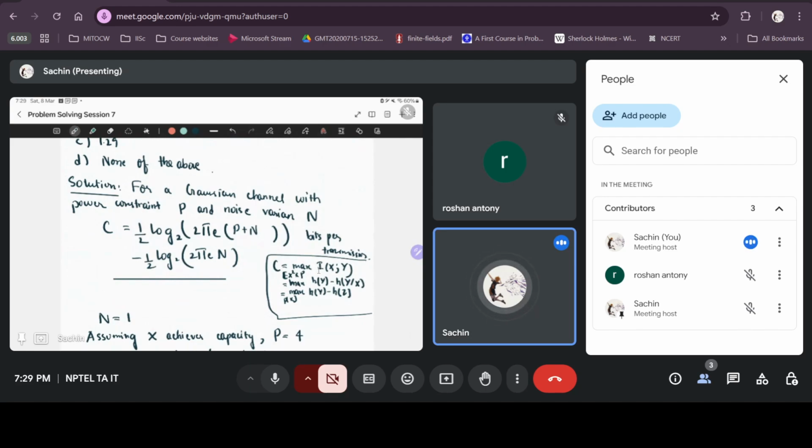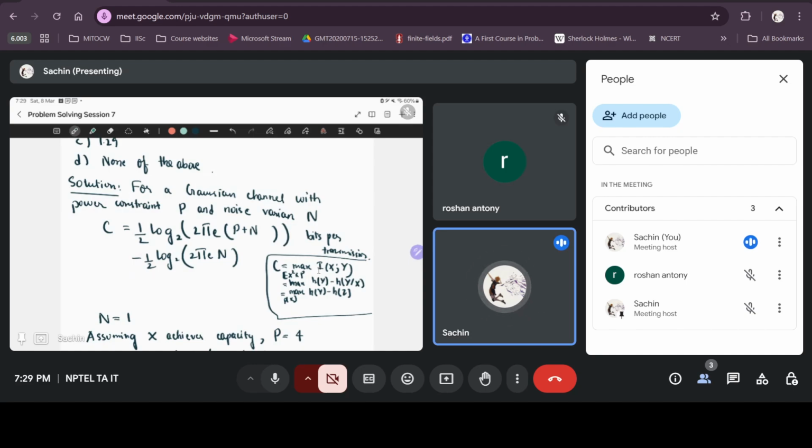So the sum of two Gaussian distributions will itself be a Gaussian distribution with mean 0 and variance P plus N. The differential entropy of that will be half log of 2 pi e into P plus N. The variance of the sum distribution is the sum of the individual variances.